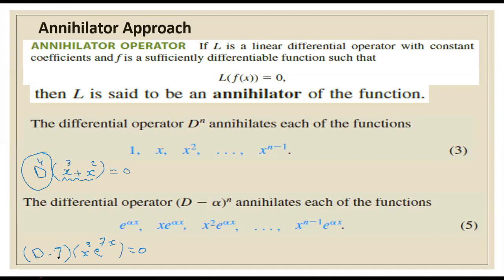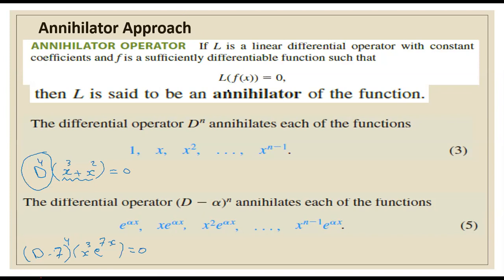It is 7, the coefficient in the exponential, to the power of my x's power 3, to which I add 1. No need to check, because this differentiation would take maybe 10 minutes, and in this course my aim is to introduce how to solve differential equations, not how to differentiate functions. So you need to add 2 rules to your cheat sheet now: the annihilator for polynomials and the annihilator of exponentials with any x.